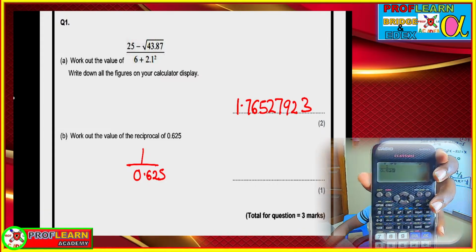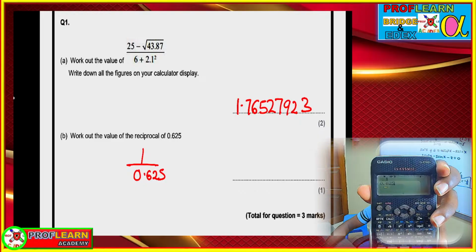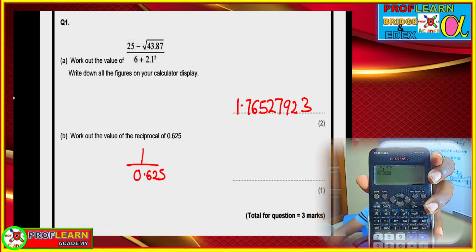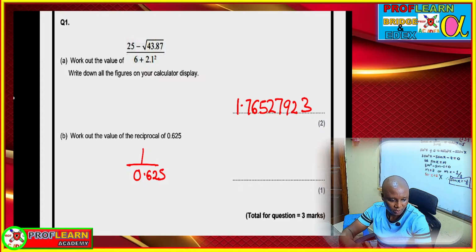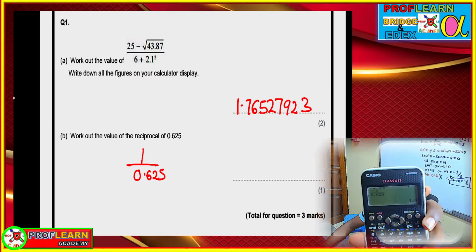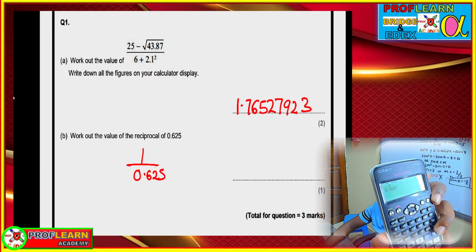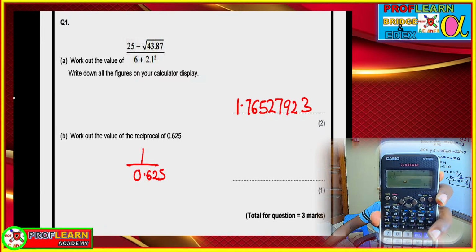Yeah, so that's how we put it in, and then when we click the equal sign, as a decimal, we're going to get our answer like that, 1.6.